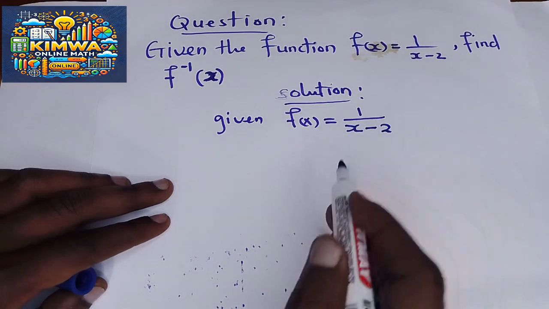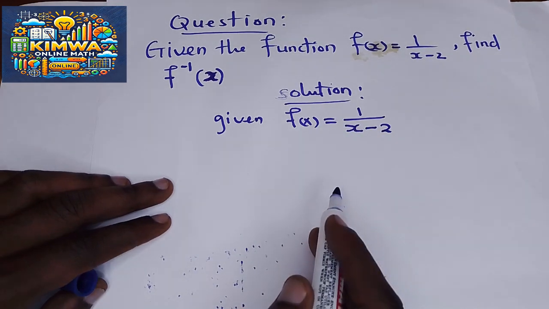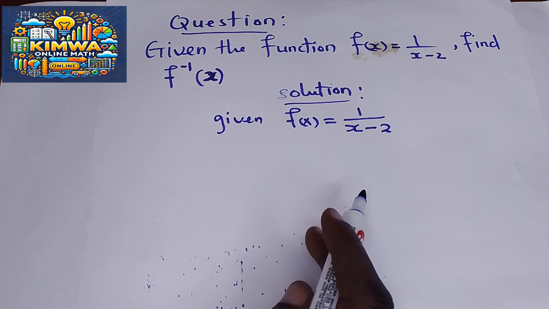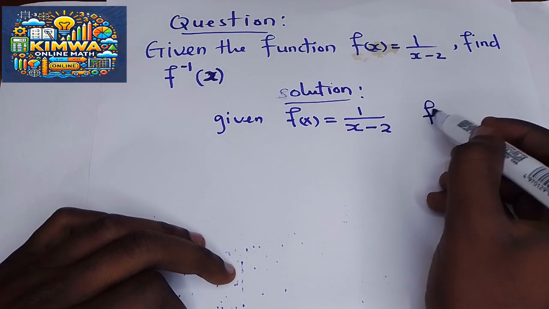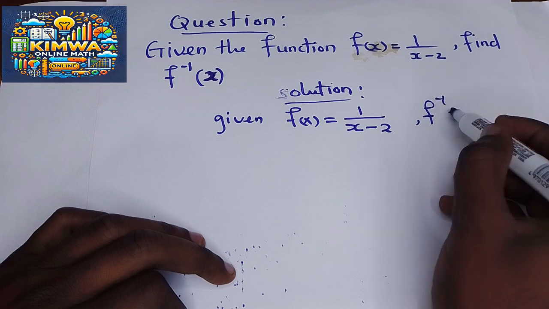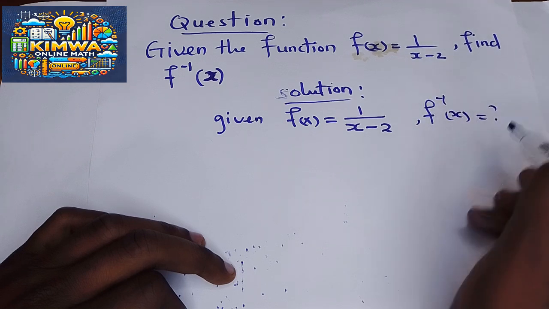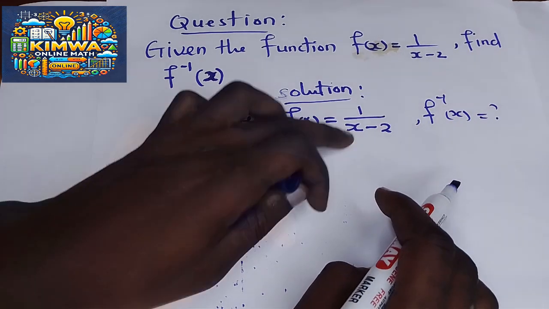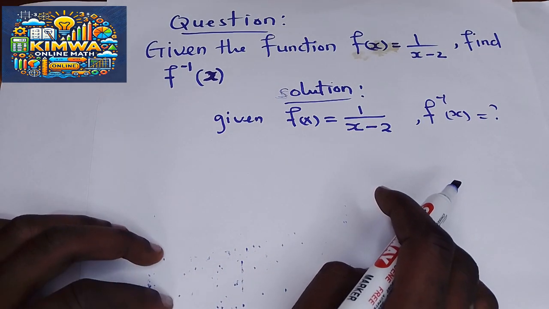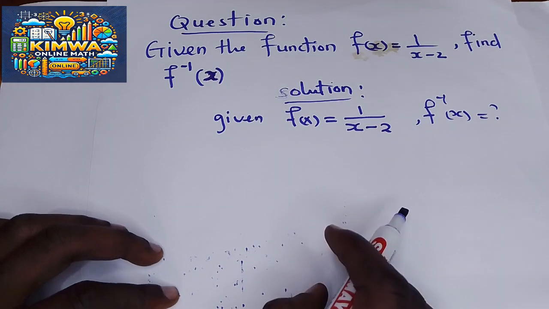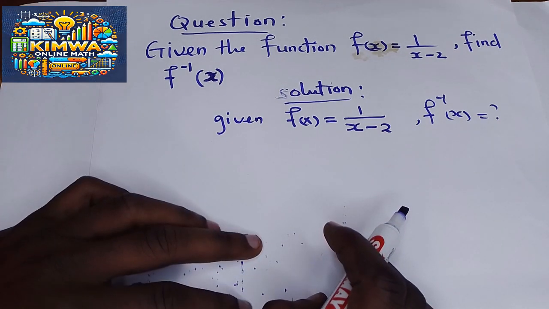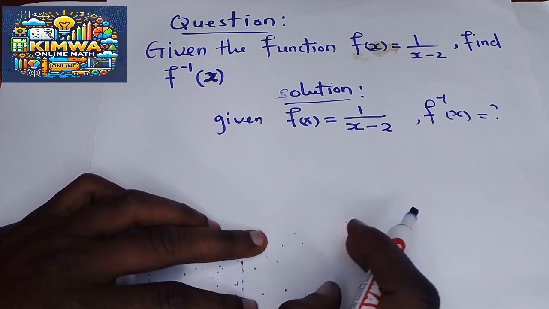This is a normal function, but our task here is to find f inverse of x. It means that the function should be converted into the inverse. How can we convert this function? We are going to follow the following procedures.